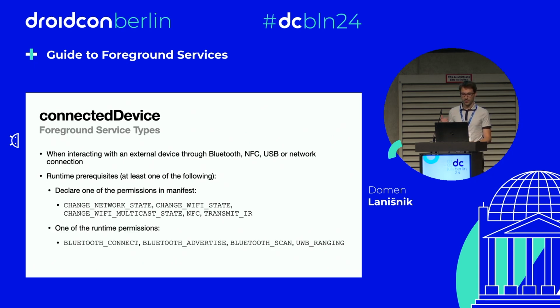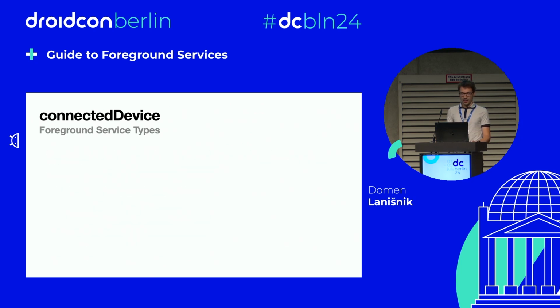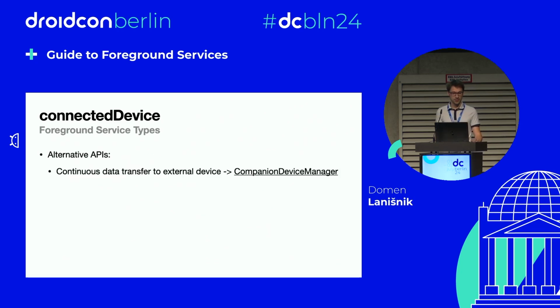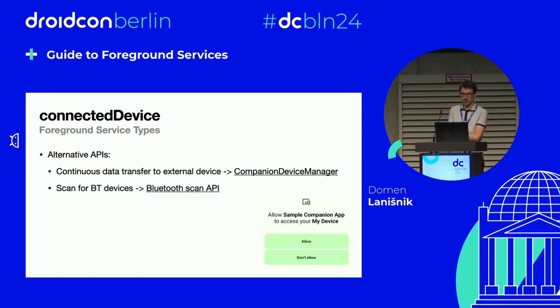You need to have one of the Bluetooth permissions granted by the user. Or if you're working with USB, you need to call USB manager request permission somewhere. Additionally, if you don't want to deal with foreground services, you can use an alternative API like continuous data transfer with companion device manager, or if you're doing Bluetooth scanning, you can use Bluetooth scan APIs.